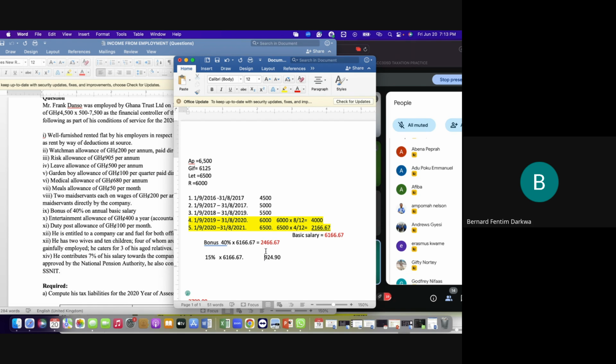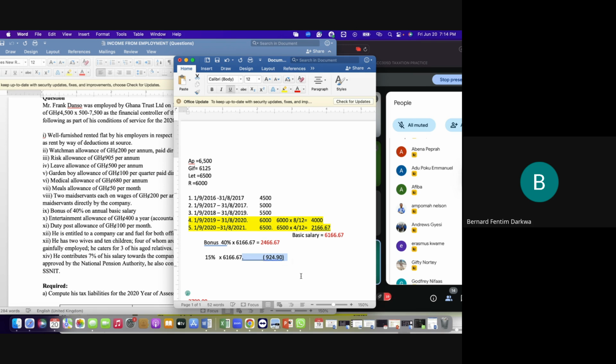So look at this place here. The 15% of the basic salary is 924, but the bonus that the person received is 2,000. So you see that when we subtract this one from this, there will be excess bonus. So how much is the excess? That's why I wanted to hear from you that there will be excess of so much.